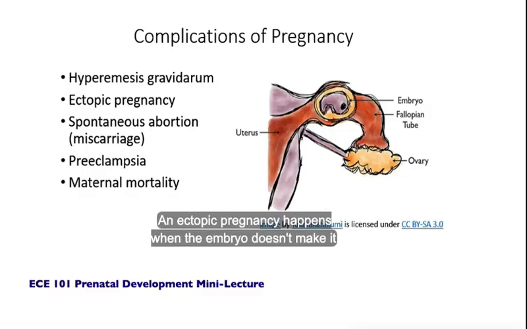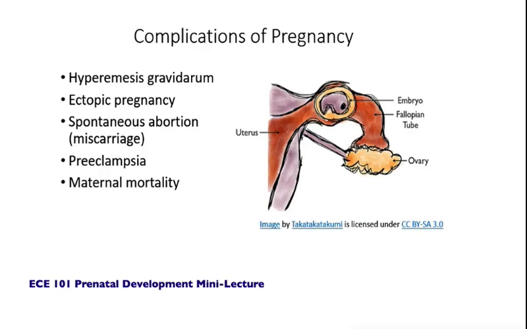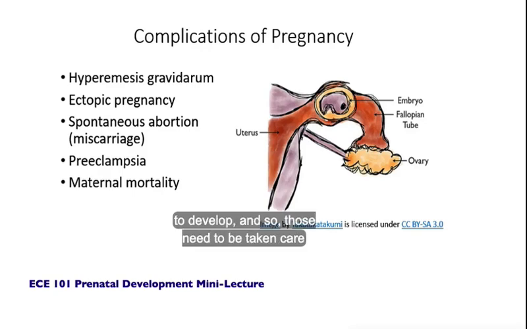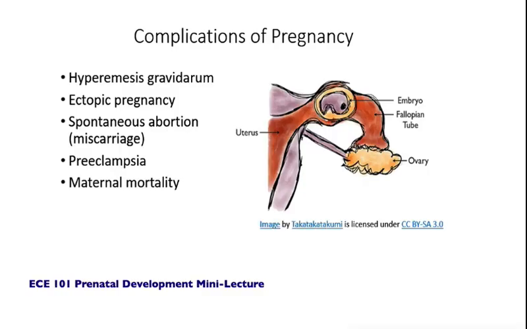An ectopic pregnancy happens when the embryo doesn't make it into the uterus and starts to develop in the fallopian tube. And if that continues to happen, the fallopian tube will rupture. That's not a viable pregnancy because there's not room for the embryo to grow and no place for the placenta to develop. And so those need to be taken care of through medication, or if caught too late, surgical procedures to actually remove the embryo in the tube.